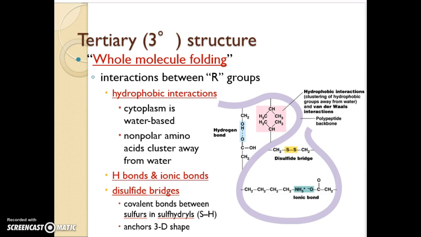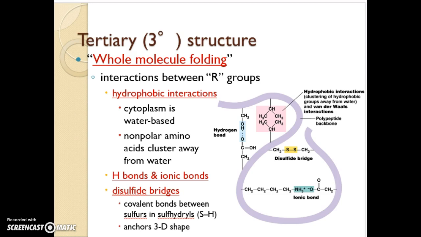Now, the tertiary structure does include hydrogen bonds as well, but there are also bonds between polar or charged areas of the R groups. There are ionic bonds, and there are hydrophobic interactions, and there are also van der Waals interactions among R groups. So all these different types of bonds work to make the tertiary structure.